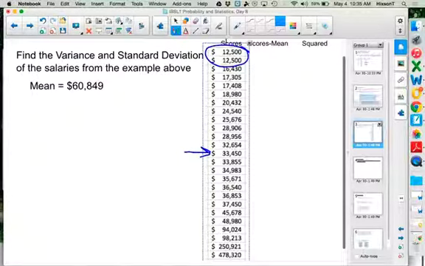There we go. Median. And we were saying that in that situation, the median was a better representation of the data. Okay?